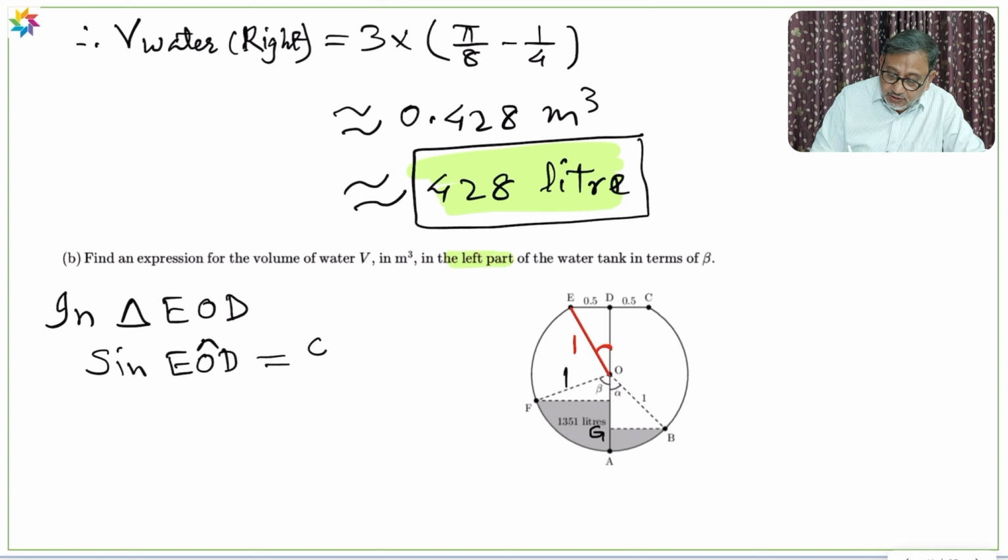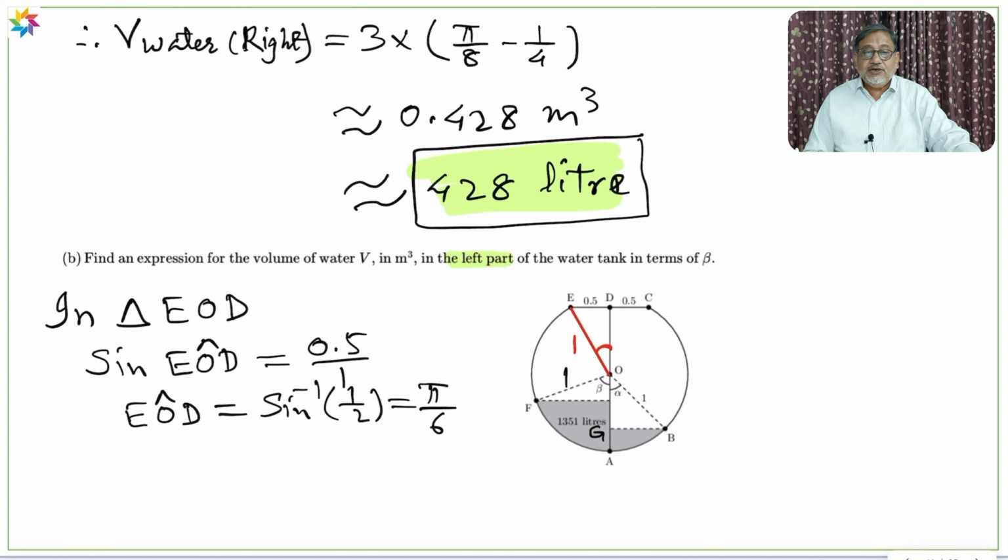So opposite over hypotenuse, 0.5 over 1. So EOD will be sine inverse of half, and we know that sine inverse of half is pi by 6, 30 degrees, right? So we got this angle. We will have to use this angle later on.